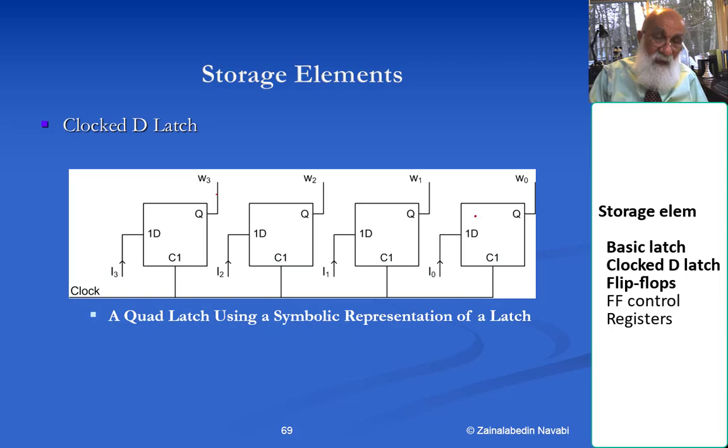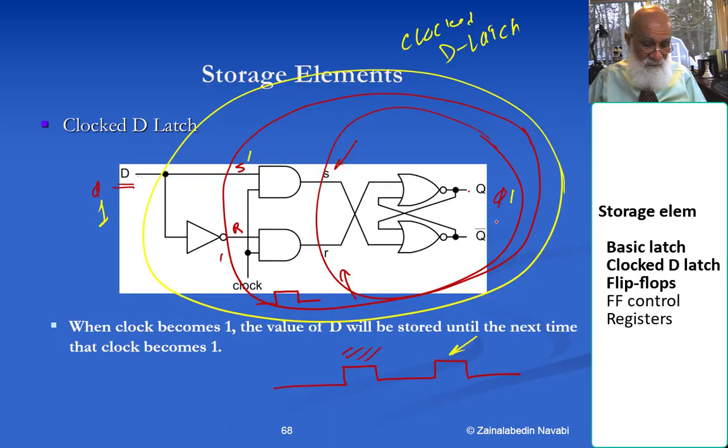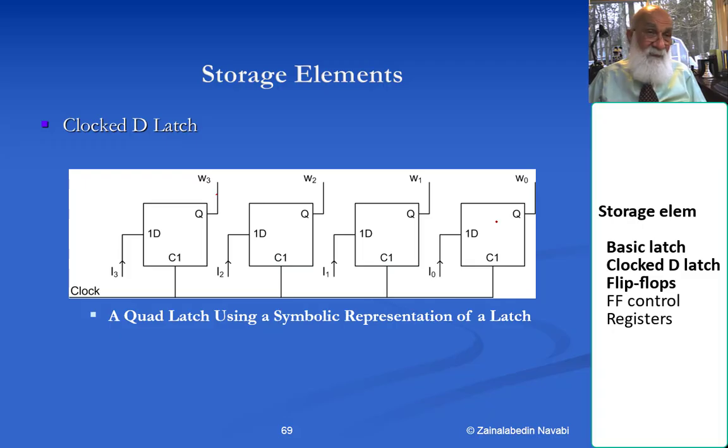I'm going to take 4 of these, put them in parallel, and each one of these is one of the D-latches I showed before. Okay, is one of these, and now I'm saving 4 bits of information. At the time of the clock, notice that there is one single clock that when it becomes 1, it takes the I inputs and stores them in the W outputs. Okay, this is, by the way, is also called a register.